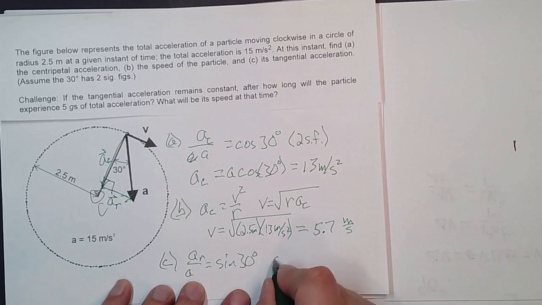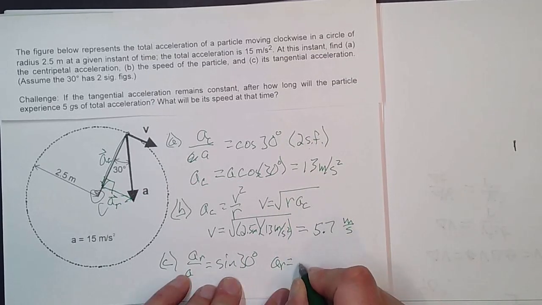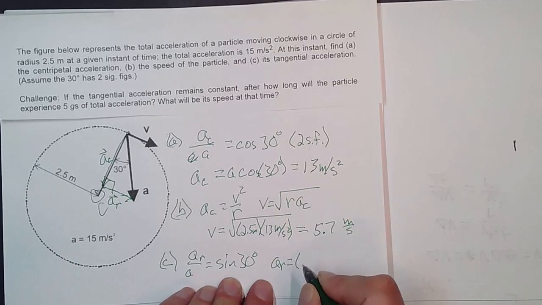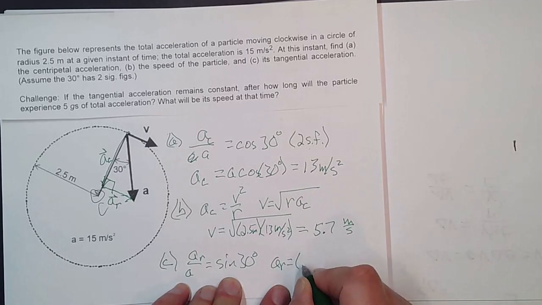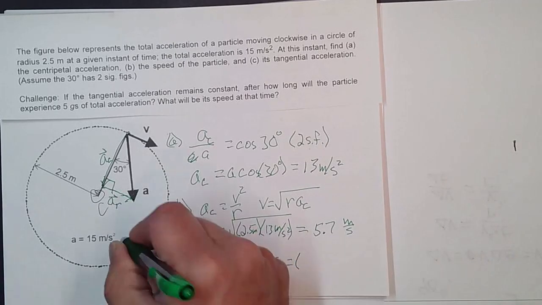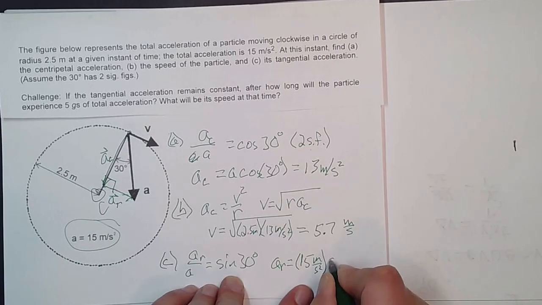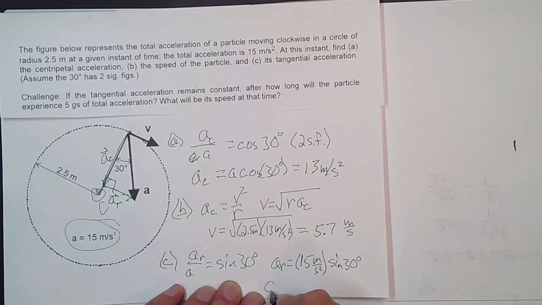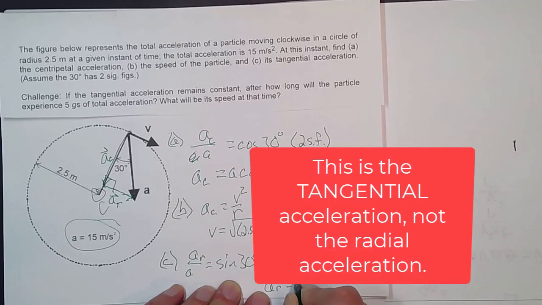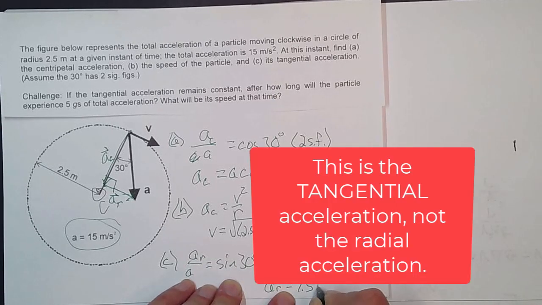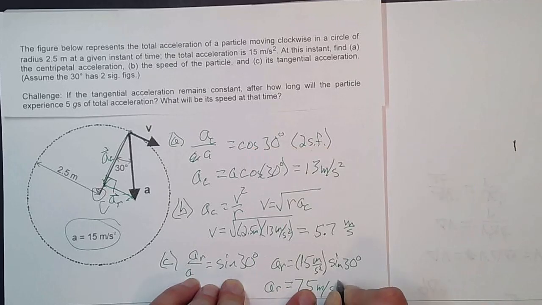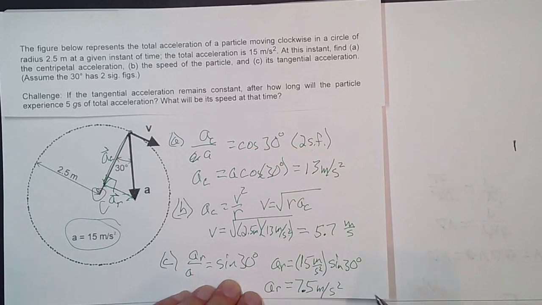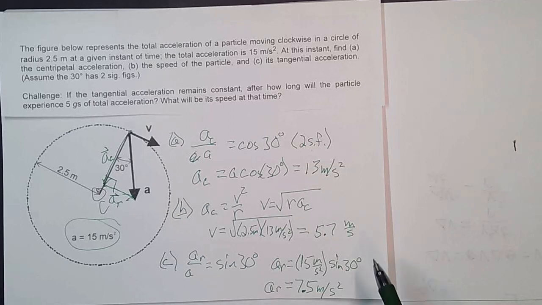And so A sub t equals, A happens to have a value of 15 meters per second squared. Sine of 30, I can do that in my head, right? The tangential acceleration is going to be 7.5 meters per second squared. We probably won't have many problems where the angle's going to be 30 degrees quite precisely, but this one did happen to.